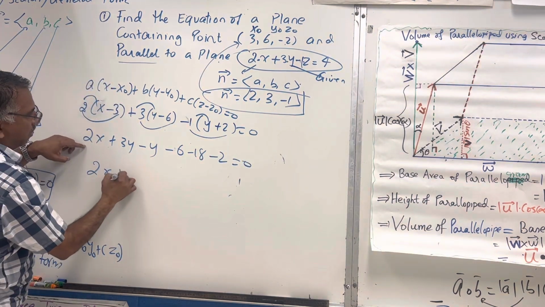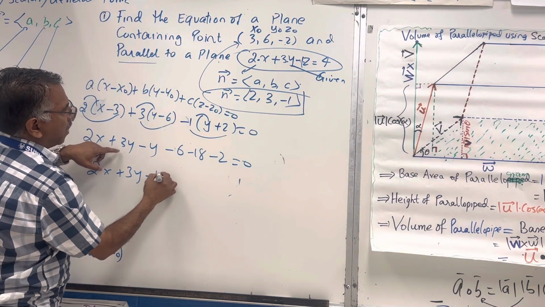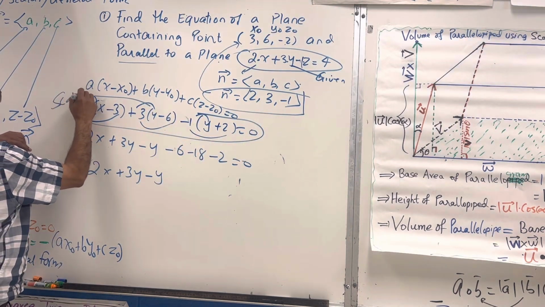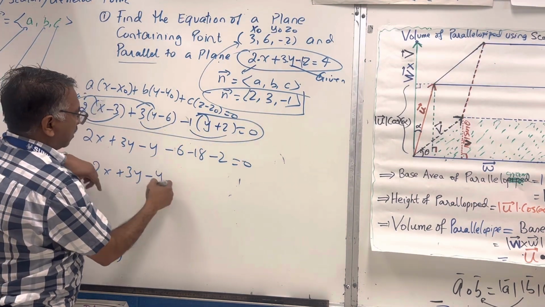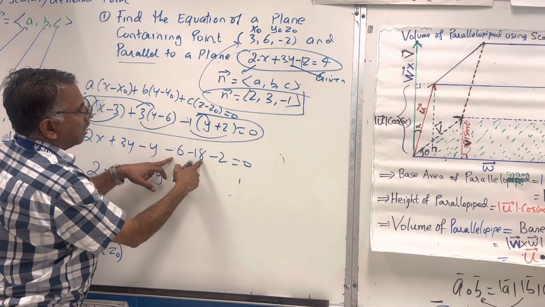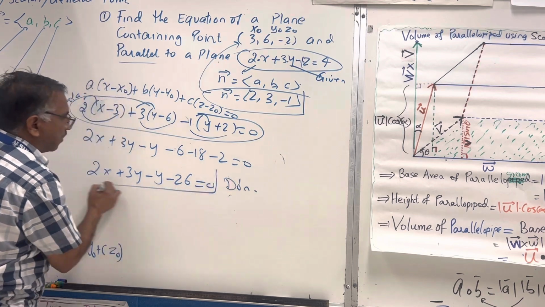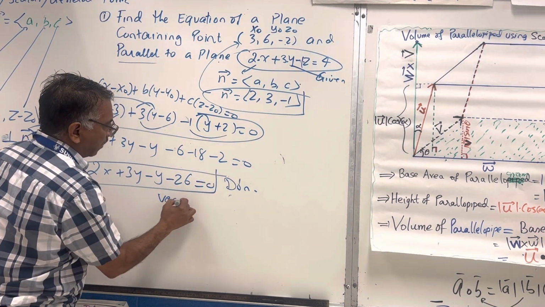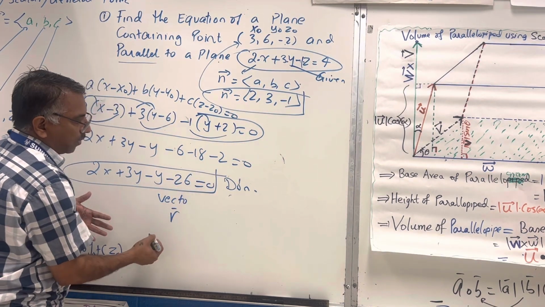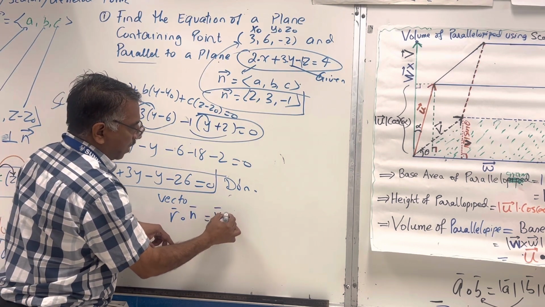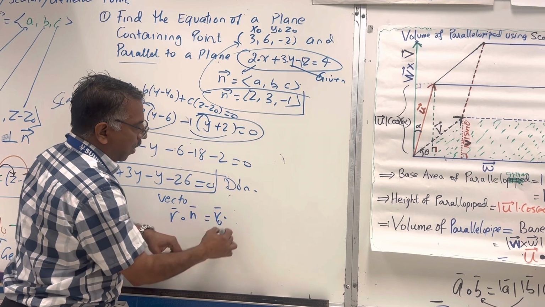So you get 2x plus 3y minus z. So this is the scalar form, and that's the general form we are writing. This answer becomes 2x plus 3y minus z, minus 26 equals 0, and you're done. If you want to write the vector form, it is this one. You're multiplying r bar with n, equal to the same for the point with n.